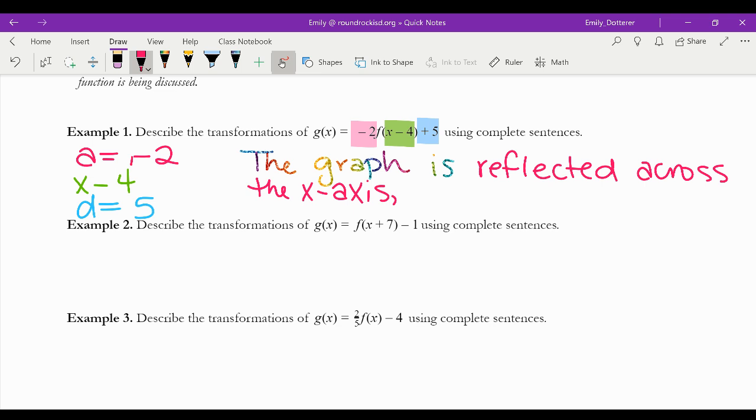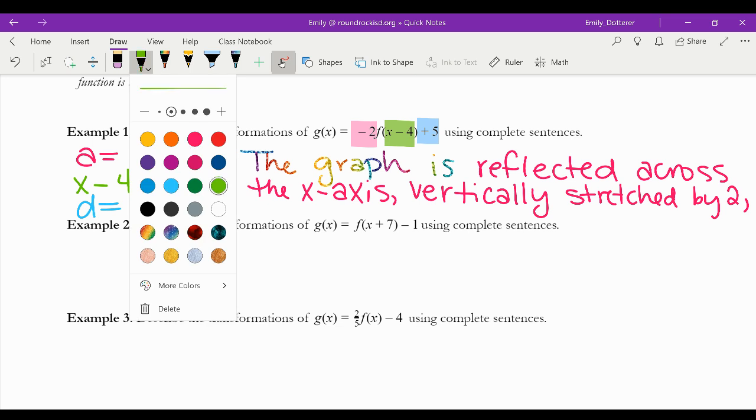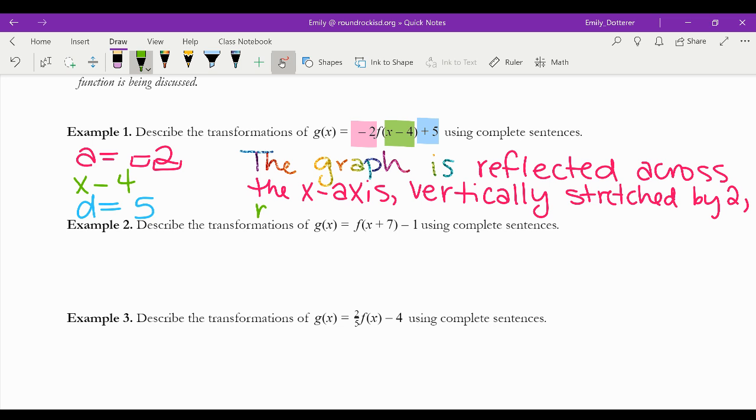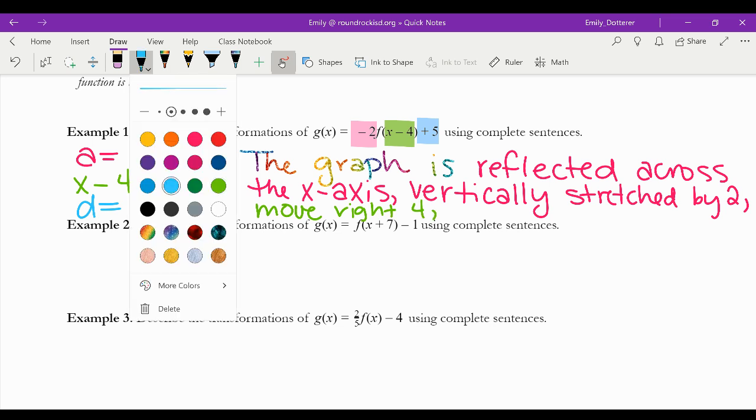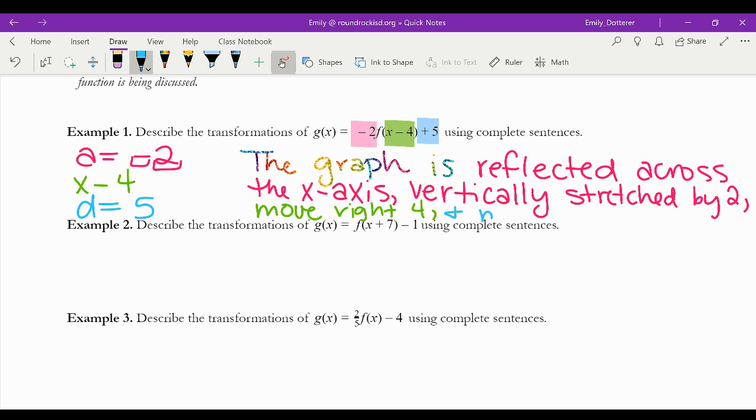The graph is also, because these are two separate things, vertically stretched by 2. We have x minus 4, which means the graph is going to move right 4. And our d value is 5, so it's going to move up 5.